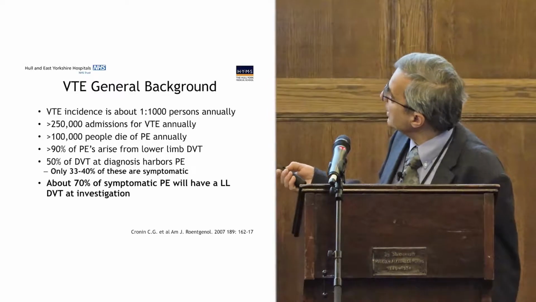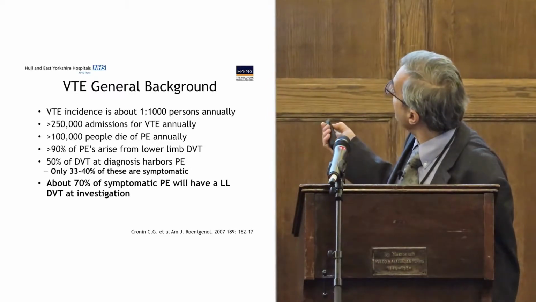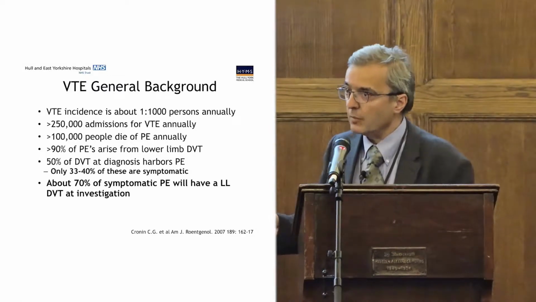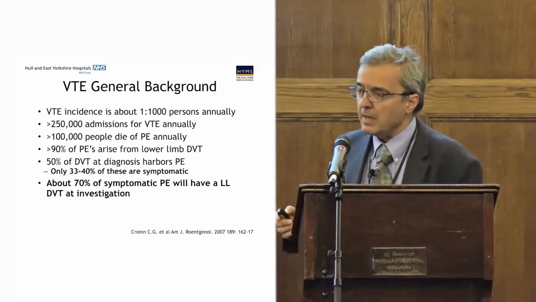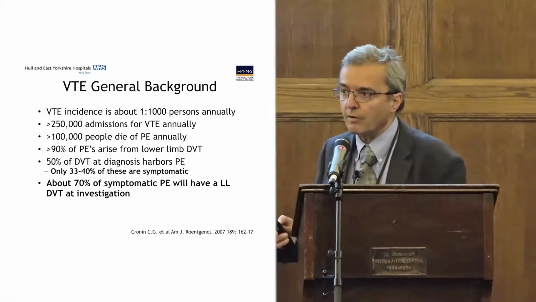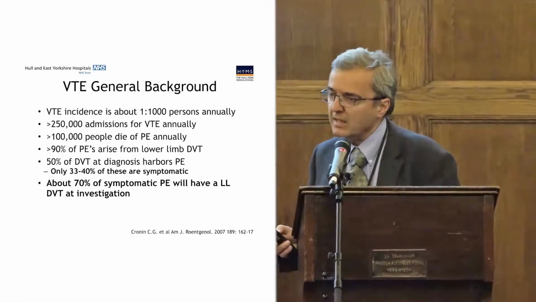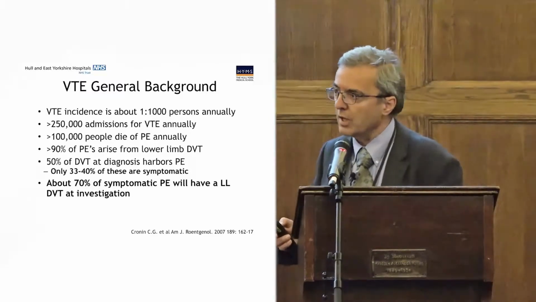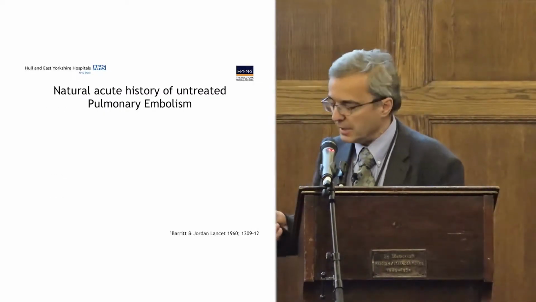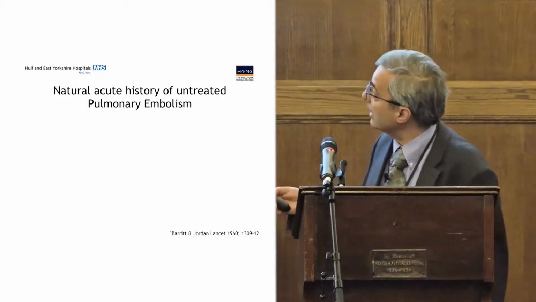And about 70% of symptomatic PE will have a leg DVT. Some will be symptomatic and missed, but some will not be symptomatic. And that immediately tells us that we already had these entities of asymptomatic, or non-diagnosed clots before the era of the high-resolution CT scan, which has changed things recently.